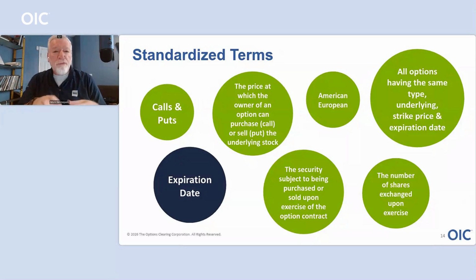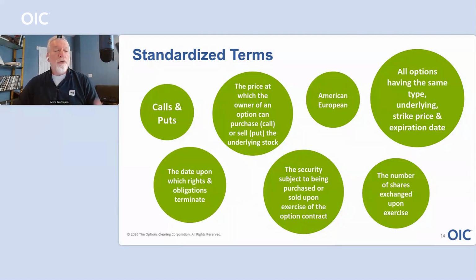So strike price or exercise price, they're kind of one and the same. But the idea of it for a standard contract, it's the per share price that you've got the right or the obligation to buy or sell that stock. And then the exercise or the expiration date is going to be the date upon which that right or obligation ceases to exist.